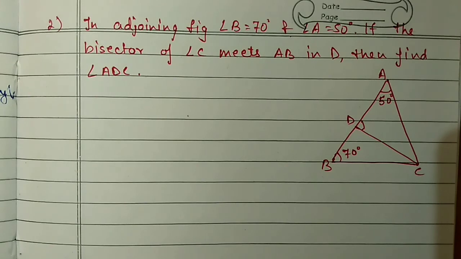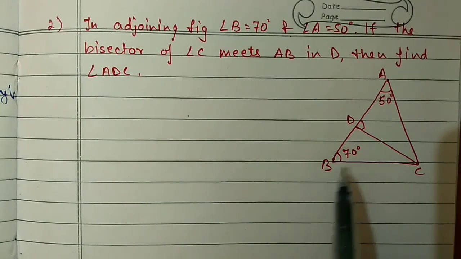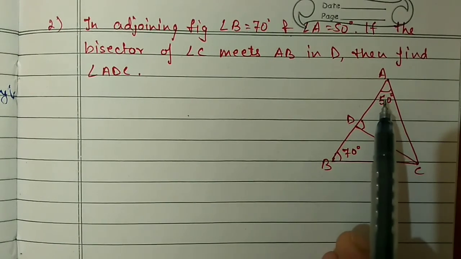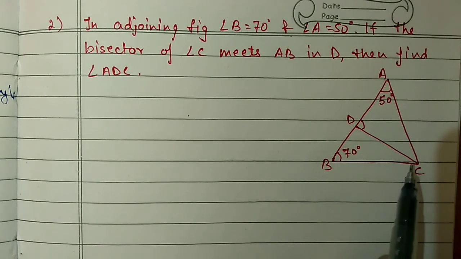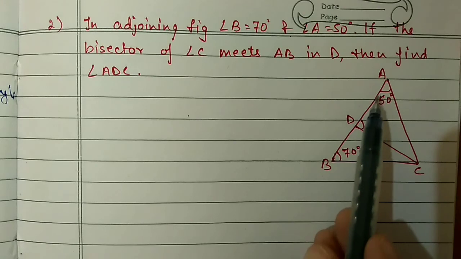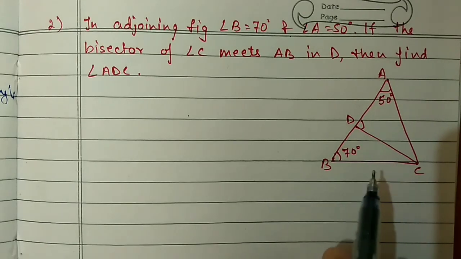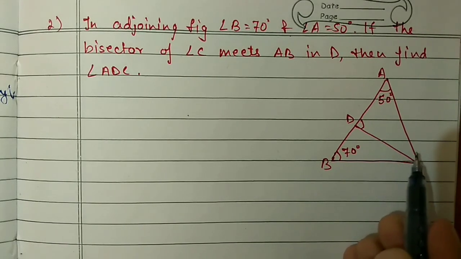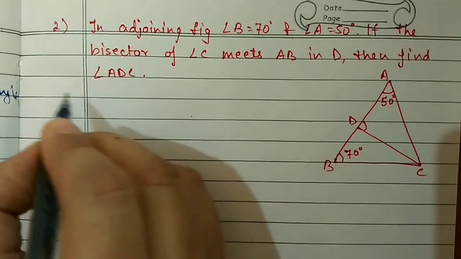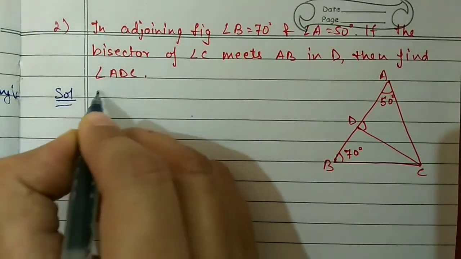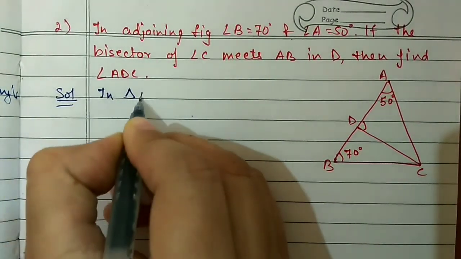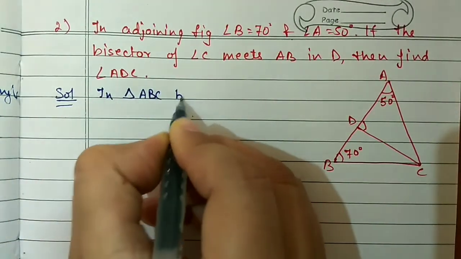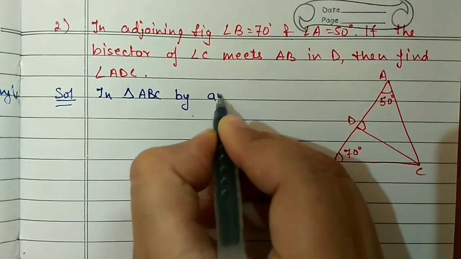Next, question number 2. In the adjoining figure angle B is given as 70 degrees, A is given as 50 degrees and the bisector of angle C, CD, meets this line at D. So first of all we will find this angle C here in triangle ABC by angle sum property.